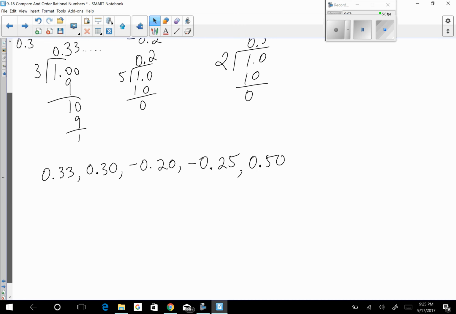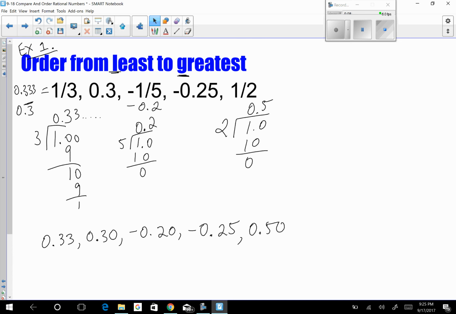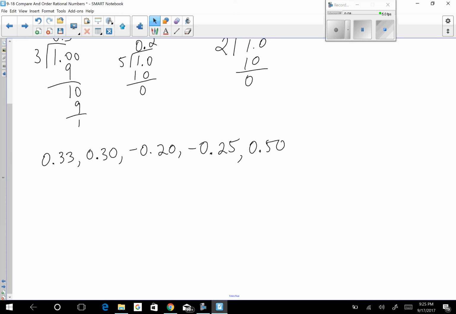Least to greatest. So remember, least, you're always going to start with your negatives. We have -0.20 or -0.25. Remember, with negatives, they are the complete opposite of positives. So for the smallest number, we want the largest looking negative.